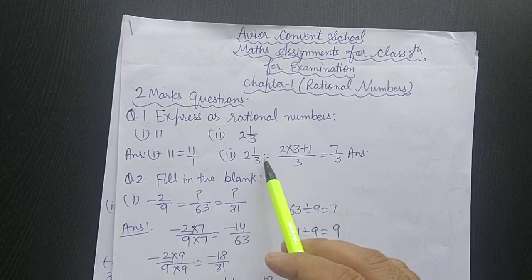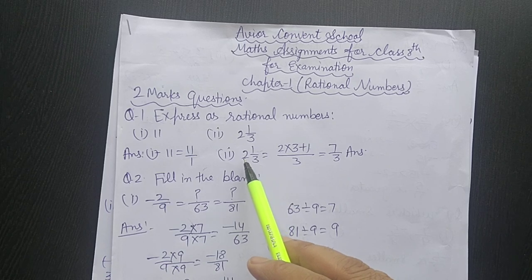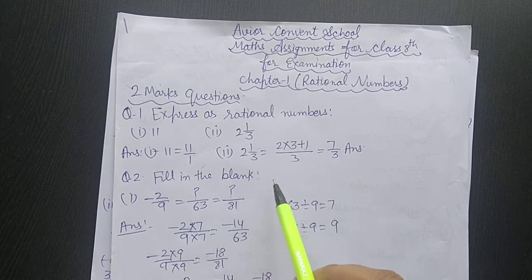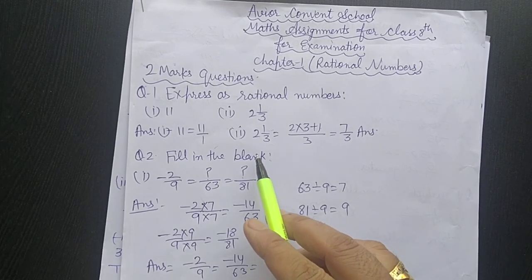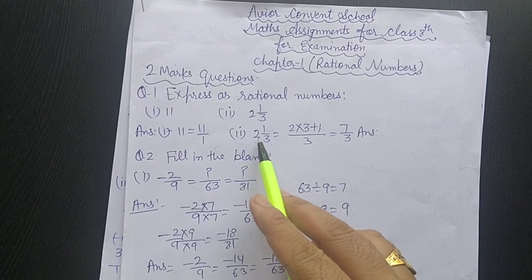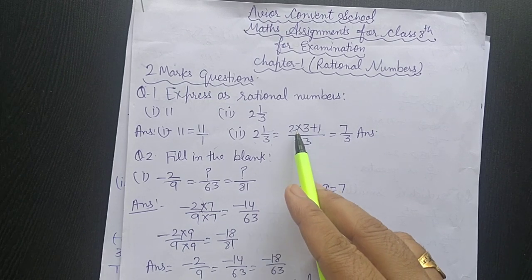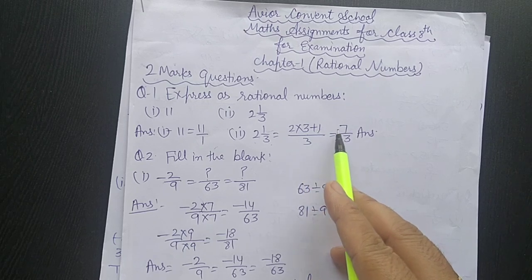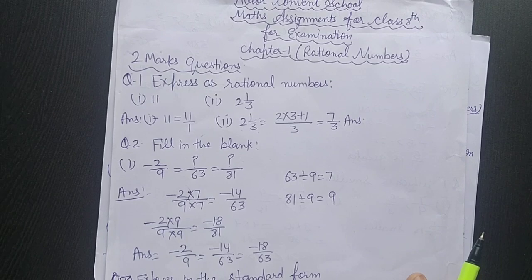So 2 whole 1 upon 3 means here you will have to change into an improper fraction. How will you change? 3 multiply by 2 plus 1, 3 2s are 6 plus 1 is 7. Denominator will be as it is. I think this is clear to you.